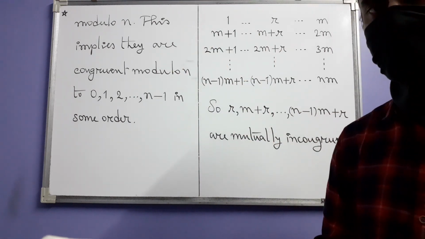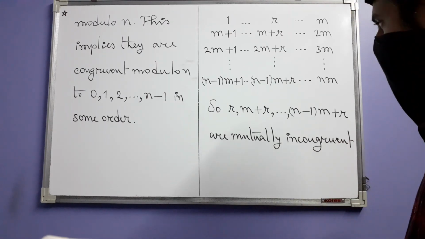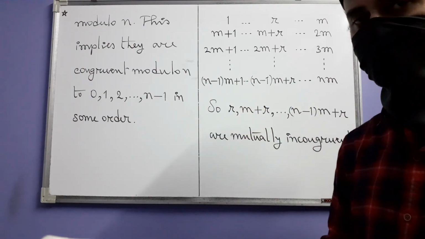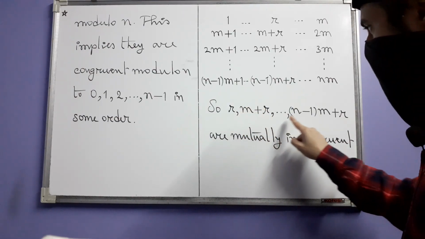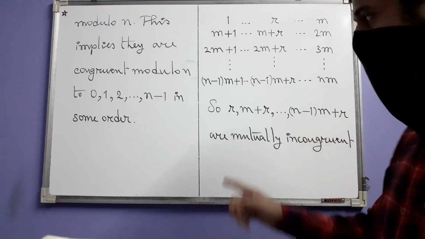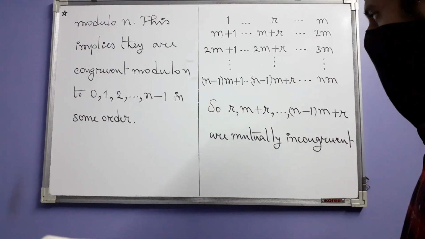But how many numbers are present in this list? n numbers. If you start counting from this second one, because here the coefficient of m is 1, by the time you reach this last number, you have counted n minus 1 numbers. You include that first one also, you get n numbers in this list.